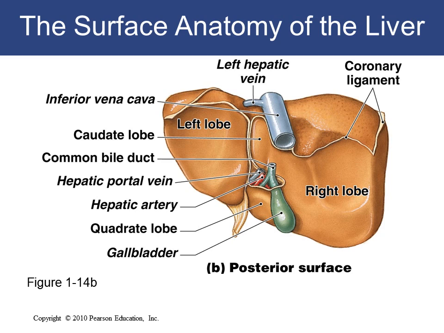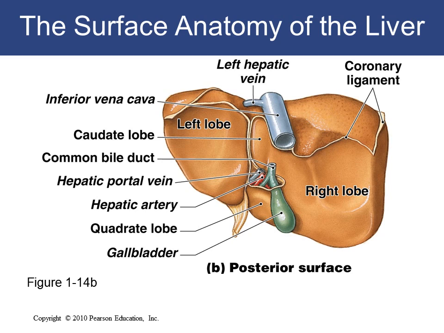The visceral surface bears multiple features and impressions from contact with other organs. That is why there are some impressions that can be seen on this posterior surface of the liver, which show the contact it has with other organs.